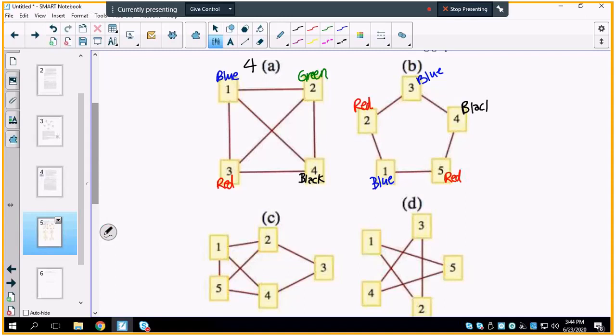So the chromatic number is 3 for B. And in fact, I can say chi of A is 4, if I remember that A is the name of the graph, let's just call it G, for this one, and 3 for this one.